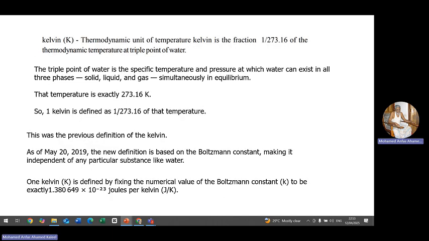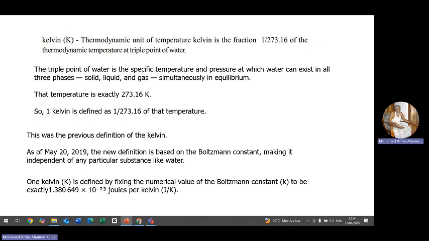What is Kelvin? The Kelvin is the thermodynamic unit of temperature. The Kelvin is the fraction 1 over 273.16 of the thermodynamic temperature at the triple point of water.